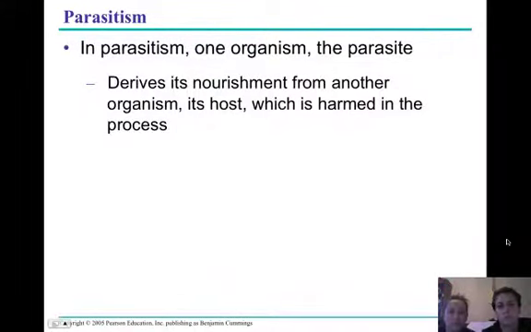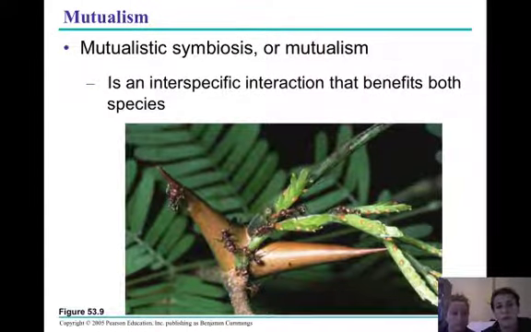Okay, so let's look at them a little bit more in detail. In parasitism, one organism, being the parasite, is going to derive its nourishment from another organism, its host, which is harmed in the process of doing this. Okay, mutualistic symbiosis or mutualism. This is an interspecific interaction that benefits both species. So both species are benefiting from this.